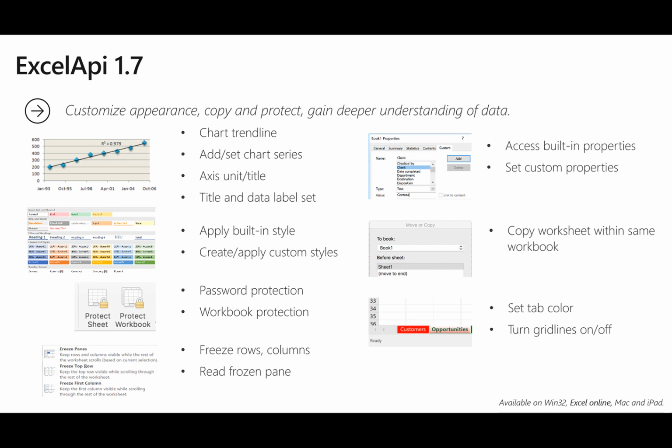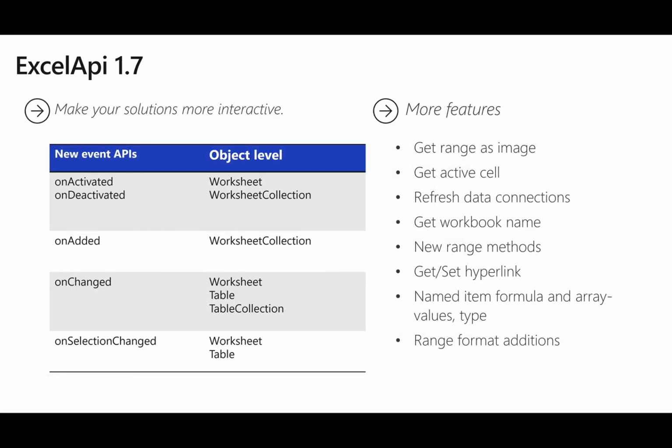So we are enabling developers to increment the metadata that is stored with the document by using custom properties. We are also allowing developers to copy worksheets within the workbook, and other formatting capabilities such as changing the color of the tabs or turning the grid lines on and off. Things that you can use to improve your add-ins.